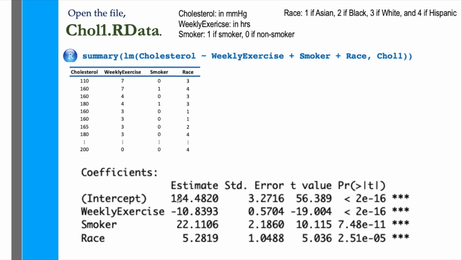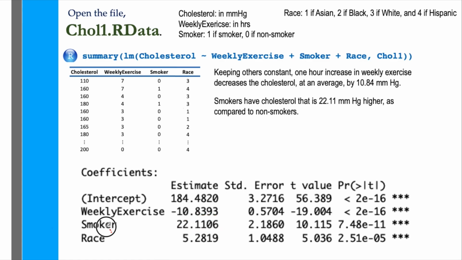So how do we interpret this? A 1 hour increase in weekly exercise will decrease the cholesterol level by 10.84 millimeters of mercury while keeping other variables constant. Smokers have a cholesterol level which is 22.1106 higher as compared to those who are non-smokers.